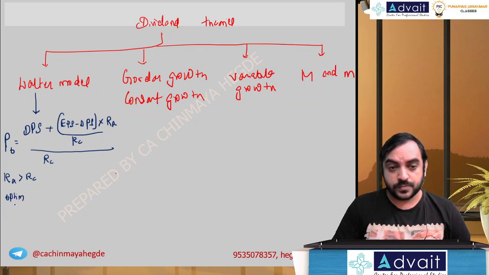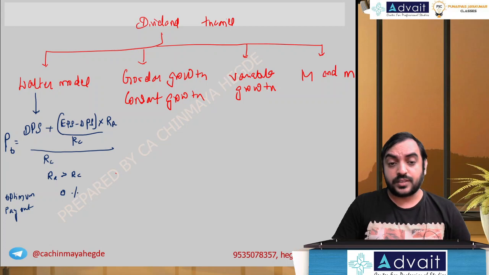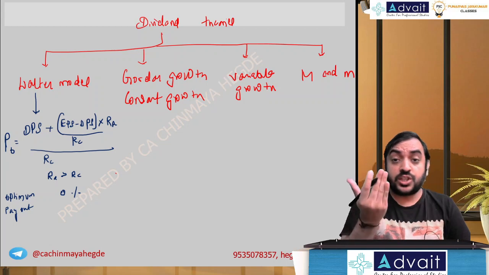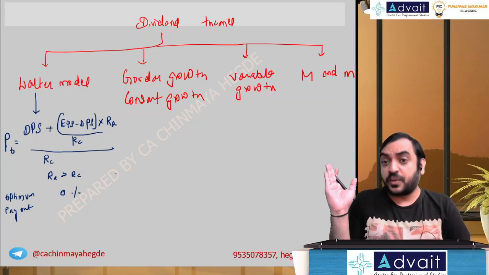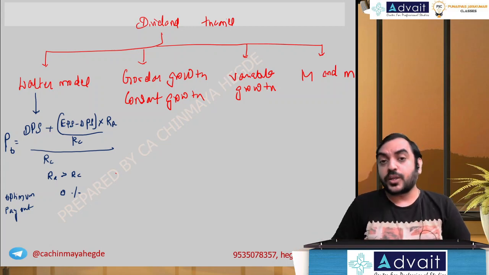according to him, the optimum payout, if RA is more than RC, then he recommends it should be 0%. Because when you have more capacity to generate more return than what the shareholder expects, the money should be with you. Don't give it to them. 0% payout.